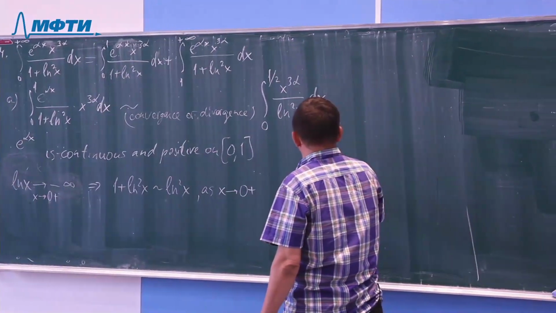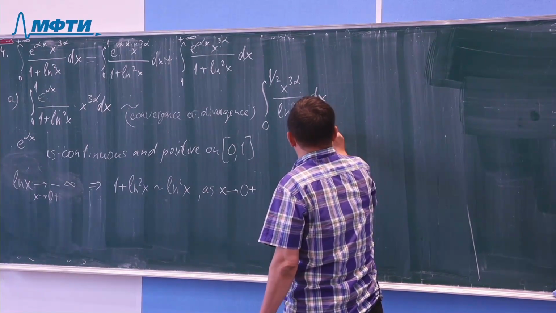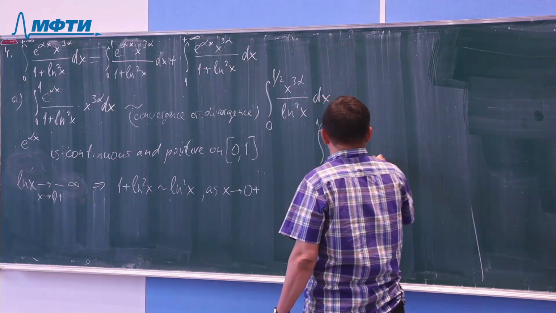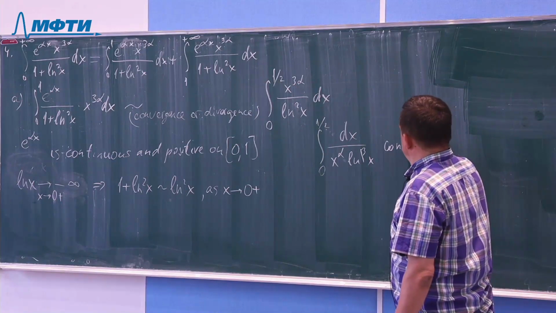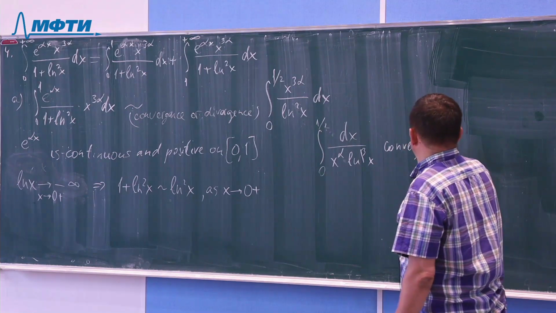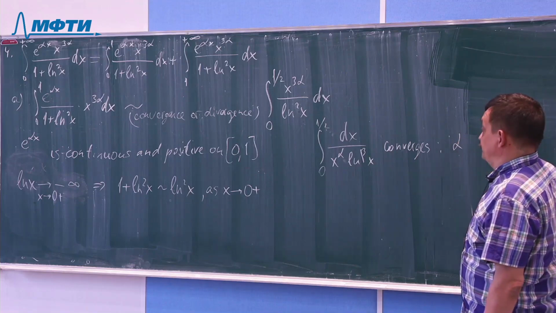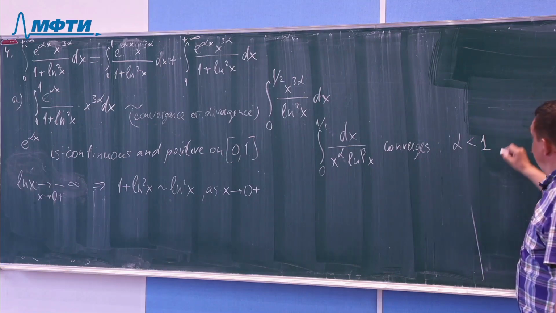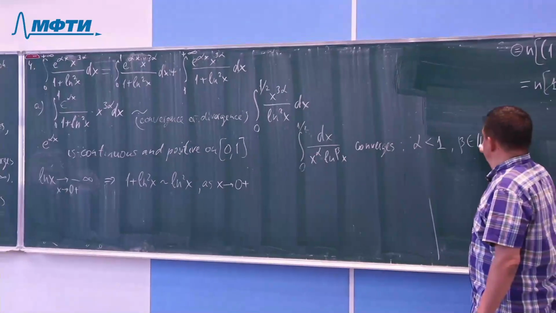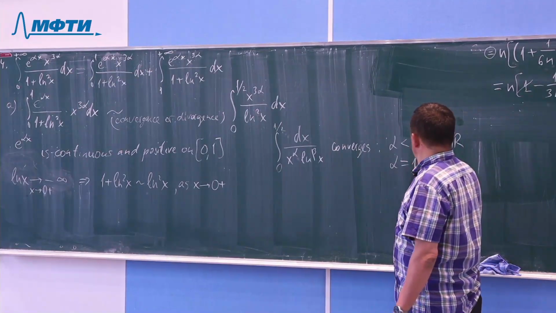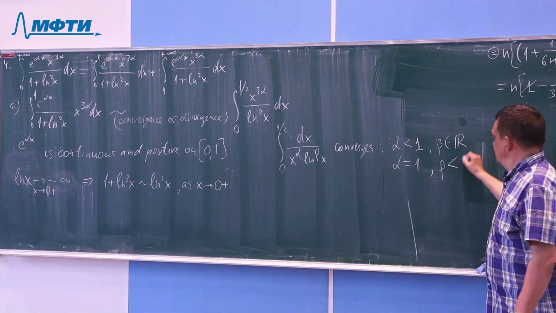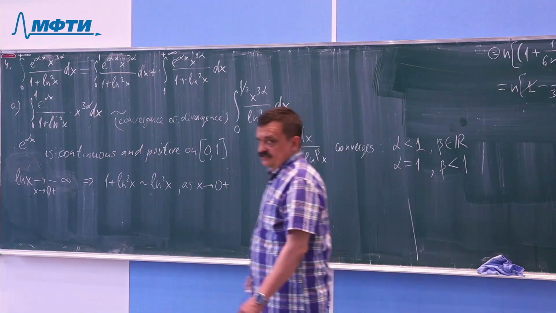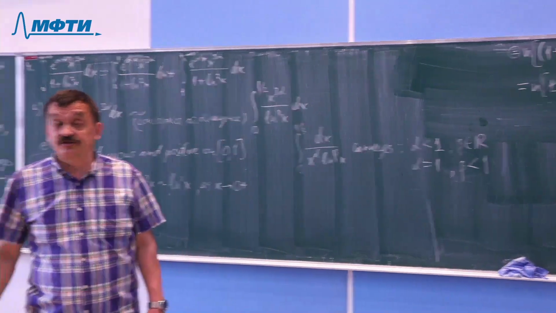The model integral was from 0 to 1/2 of dx over x power alpha logarithm power beta of x. It converges when alpha is less than 1, beta arbitrary, or alpha equals 1, beta less than 1, right? These are the only two cases when our integral converges.